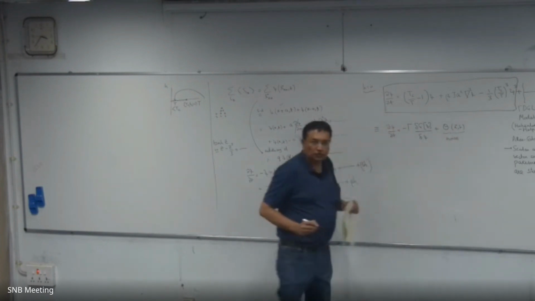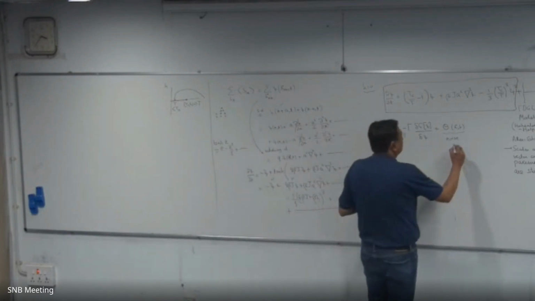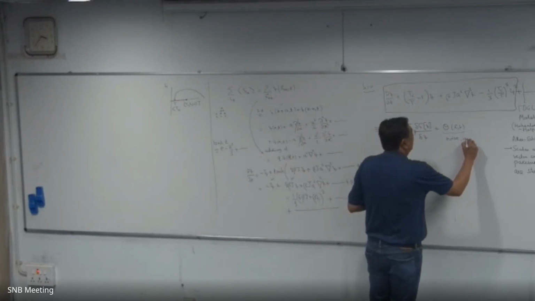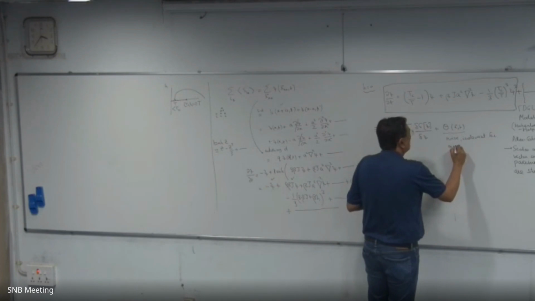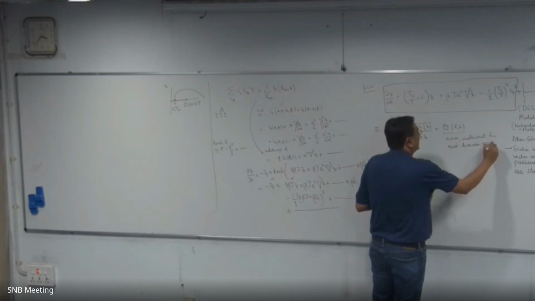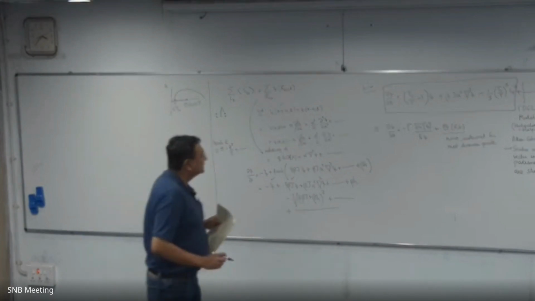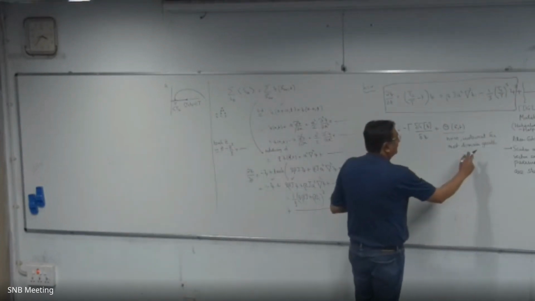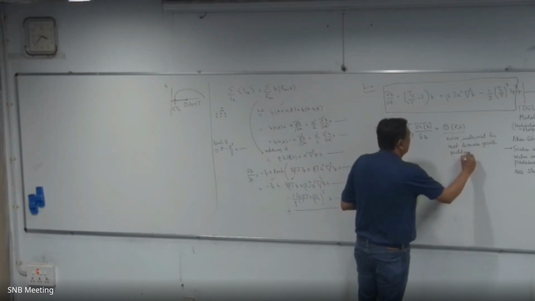Fortunately for us, with noise you have a much harder problem, but noise is irrelevant for most domain growth problems, in the sense of a renormalization group quantity. If you go to larger and larger length scales, noise becomes irrelevant. Okay, so I'm not going to worry about noise anymore.